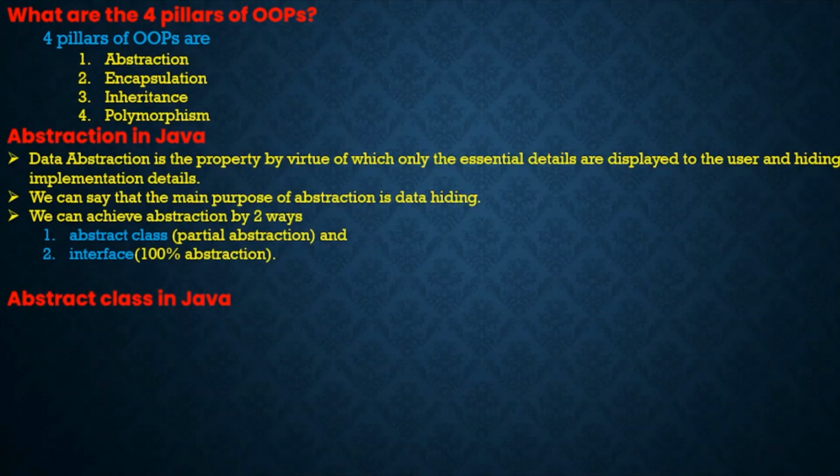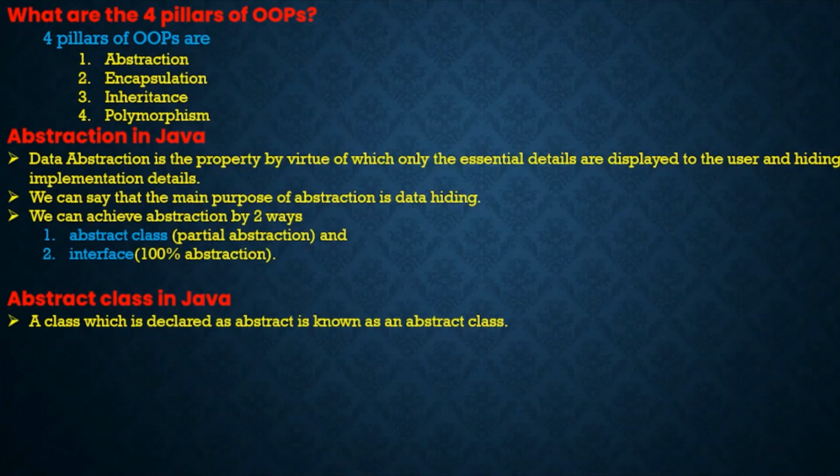Abstract class in Java is nothing but a class. Abstract class is a class which is declared as abstract. I have shown you how to write a class, right?